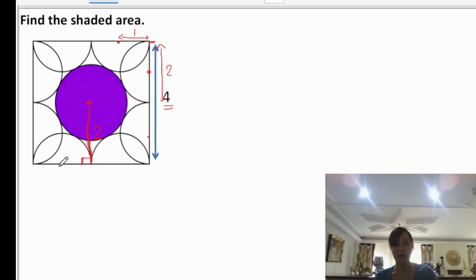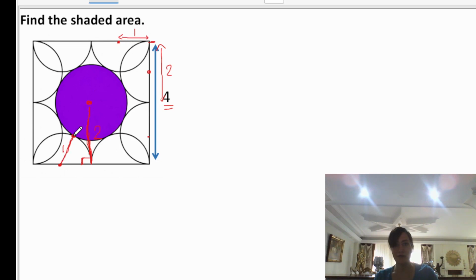Now I will go from the center. We see this purple circle and this semicircle meet each other at this point. So from the center of this semicircle to this border would be 1, as I found here, the radius of the semicircle is 1.